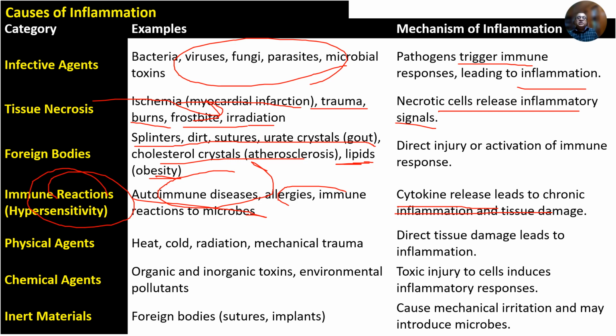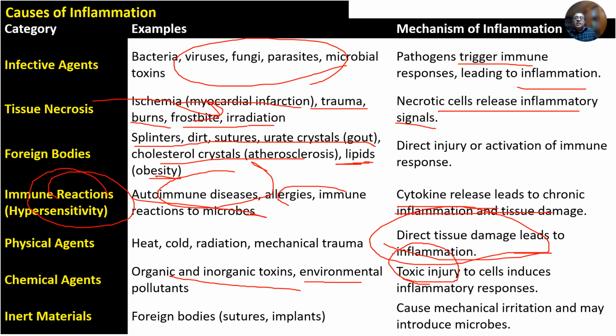Physical agents such as heat, cold, radiation, and mechanical trauma can send signals that start inflammation. The organic and inorganic chemical agents or environmental pollutants are also associated with toxic injuries to the tissue and inflammatory process.